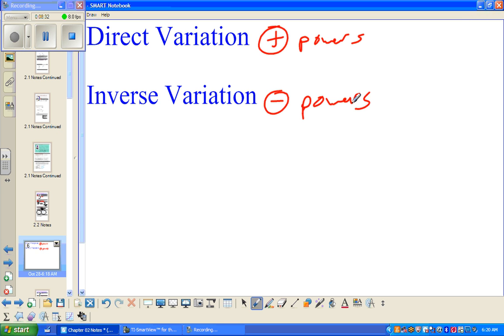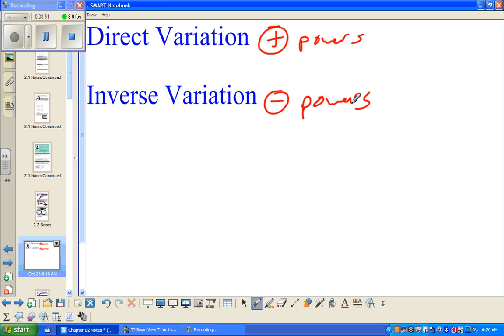Basically, unless the word inversely is included in the variation statement, then the variation is assumed to be direct. It's the easiest way to remember. So unless the word inverse or inversely is used, then it's going to be an example of direct variation.